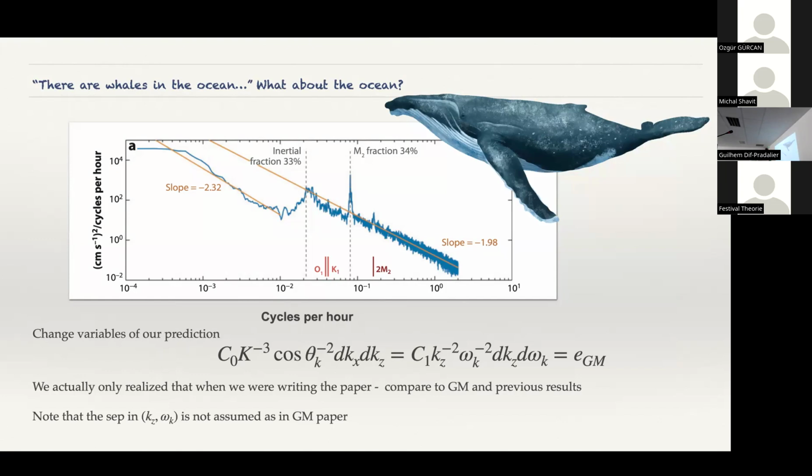If you change the variables to kd, d omega, what you get is exactly the Garrett-Monk spectrum, which is nice, and it was the first time that the two-dimensional Garrett-Monk was derived from first principles.